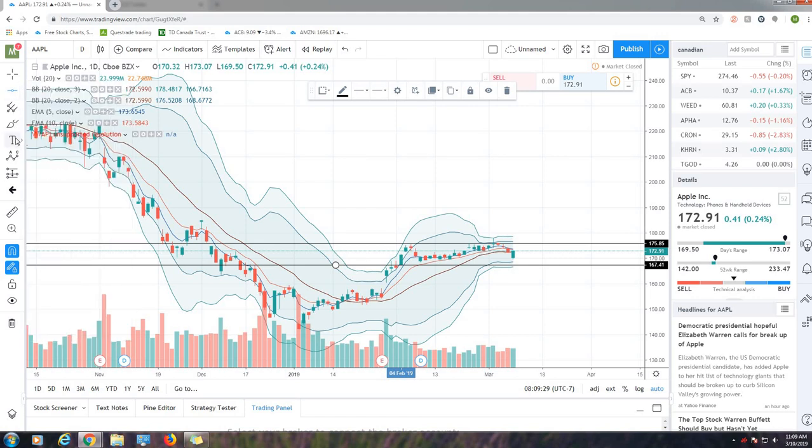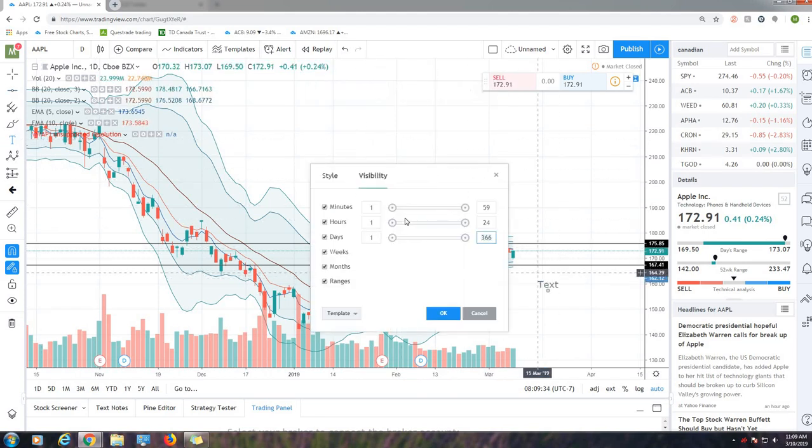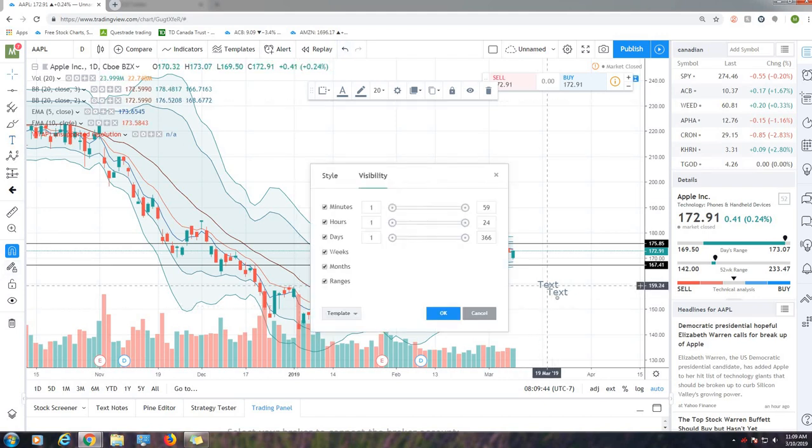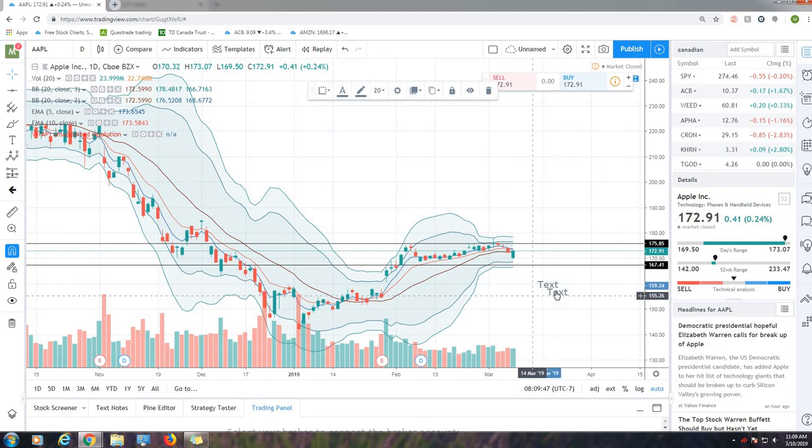There's lots of other functions, like you can add text boxes in here, if you wanted to say something. Oh, we're stuck in drawing mode, so that's why sometimes it's not beneficial to do that. There we go. Oh, we're still stuck.